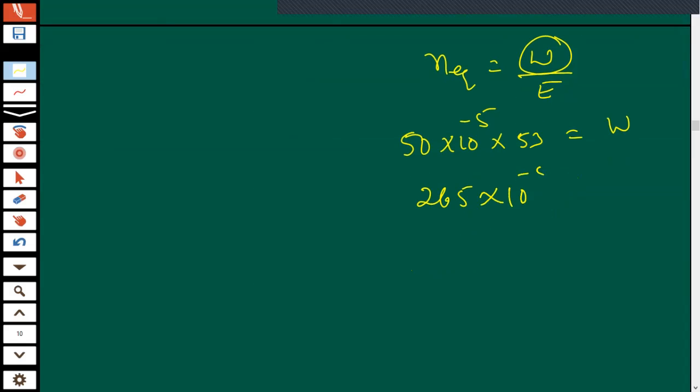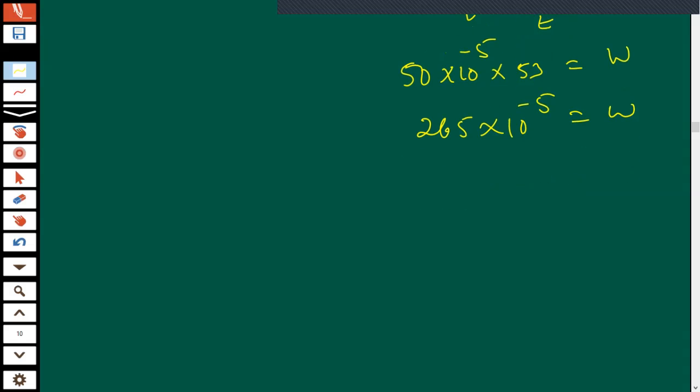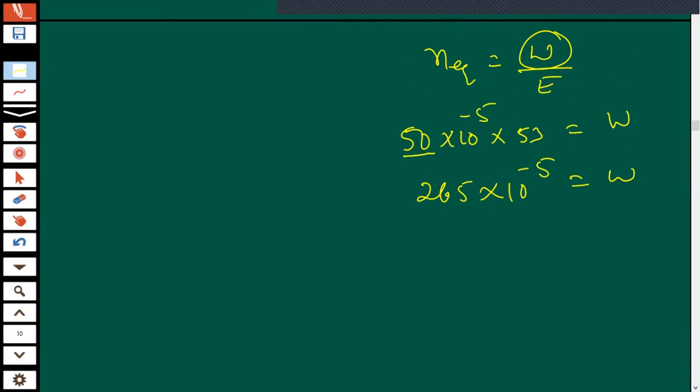Minus 4. Any alternate way to write it? Just see, this multiplication is not correct.